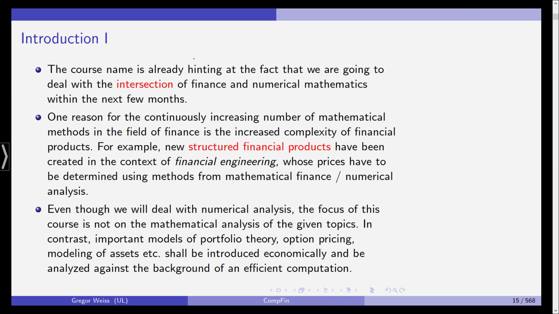It's the increase in financial products and structured finance, like, for example, options, equity options, etc. And because these financial products have become more and more complex over the years, this part in finance is nowadays called financial engineering, because you need math skills like an engineer to take those complex financial products and recombine them and analyze them in a different way to get an even more complex financial product.